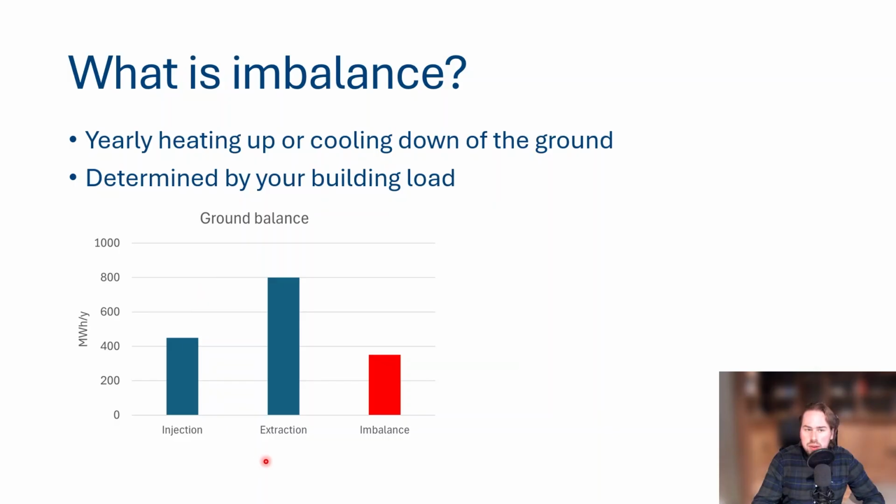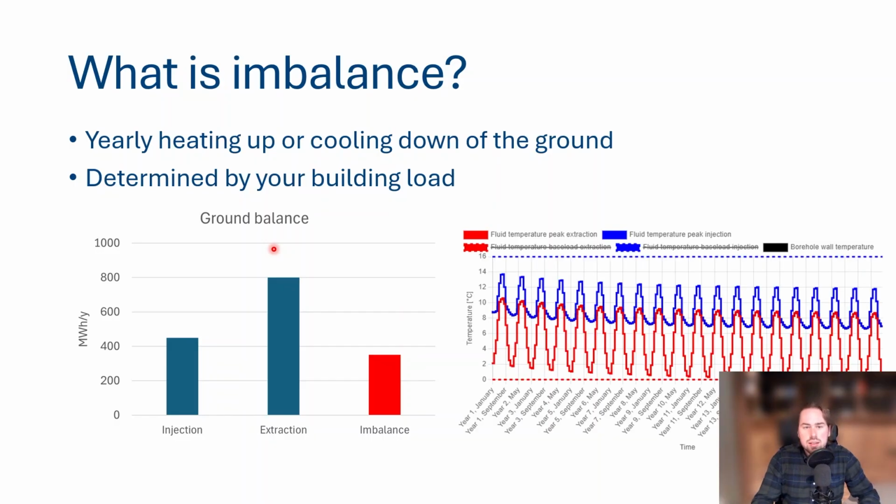This difference between the extraction and the injection is called the imbalance. It can be either positive or negative, depending on whether your injection or your extraction is higher or lower. In this case, the extraction is higher than our injection, meaning that year after year, the temperature of our borefield will go down.